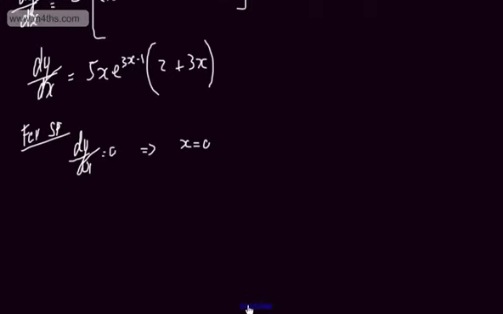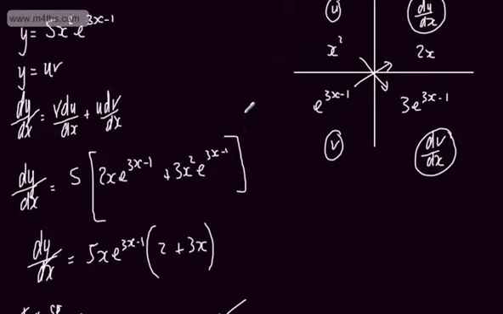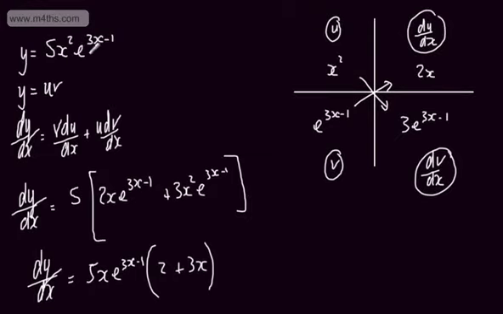We would have the content of this bracket equal to 0, so we could say x was equal to minus 2/3, and then we have e to the 3x minus 1 equal to 0. Now e to the 3x minus 1 can never be equal to 0. So the x-coordinates of the stationary points now are going to be 0 and minus 2/3, and then of course we could plug those in to find the y-coordinates.